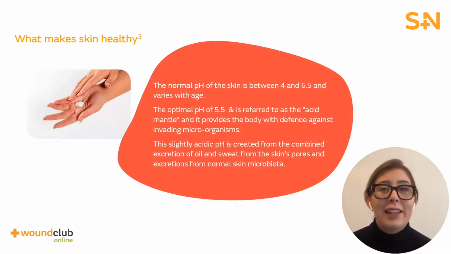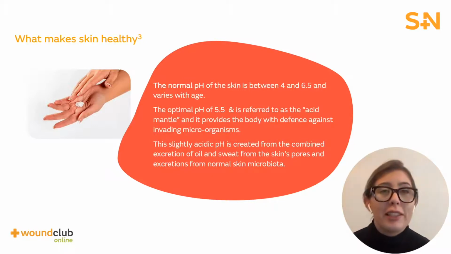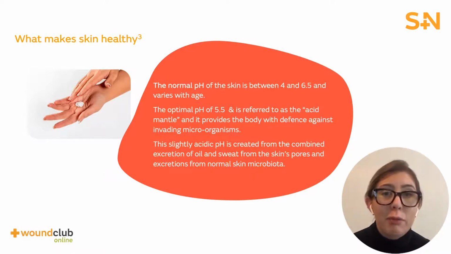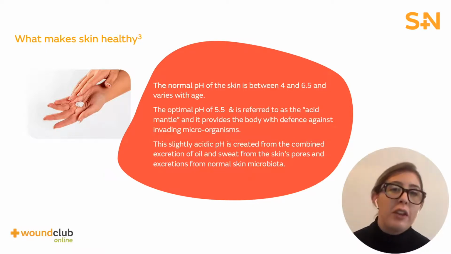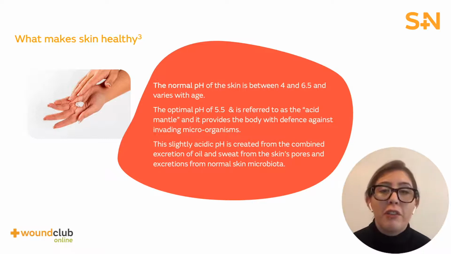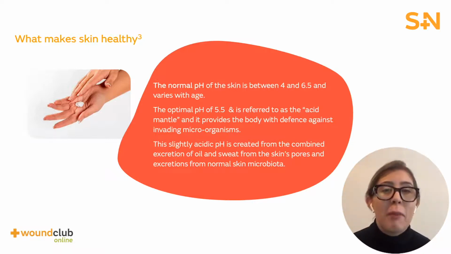If you think back to science lessons at school, we had the pH scale, showing how acidic or alkaline something is. Now our skin has a pH of around 4 to 6.5, which can vary on age, but essentially what this is telling you is the skin is acidic due to combinations of excretions of oil and sweat, as well as excretions from normal skin microbiota, which we refer to as the acid mantle.